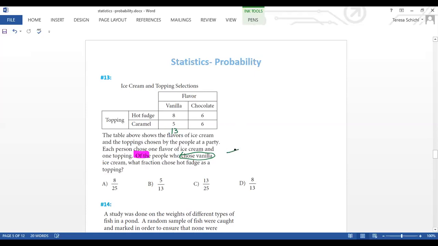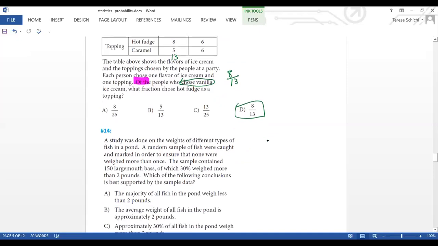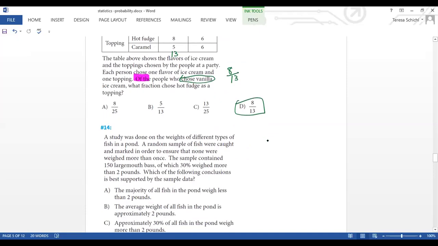So the 13 has to be the denominator. Under the vanilla ice cream, what is the fraction with fudge as the topping? It's 8, so it's 8 over 13 here. Like I always say, in those probability problems the math part is very easy, but when you read, you need to be very careful about each wording, all right?